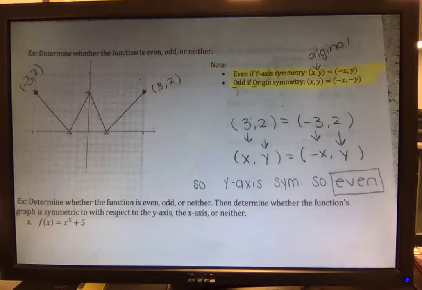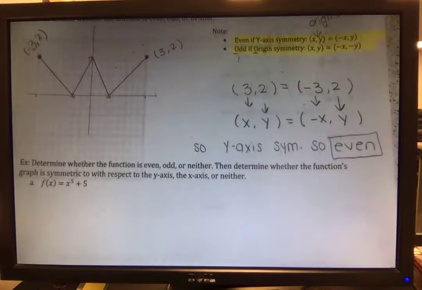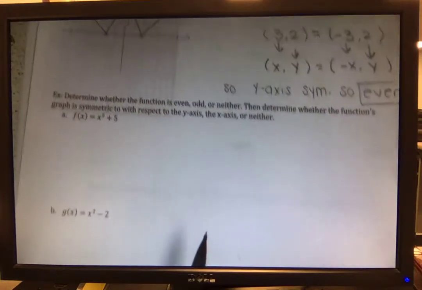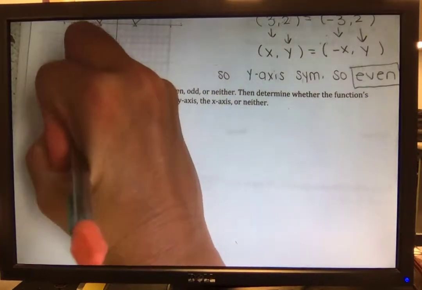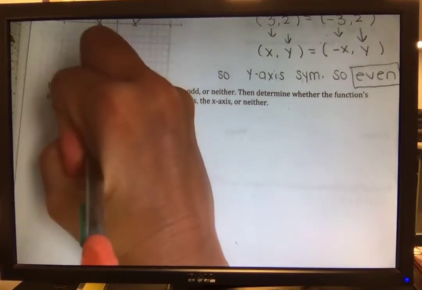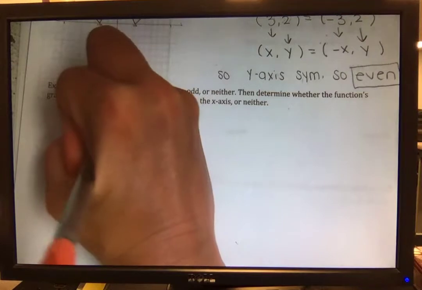So the next example asks us to determine whether the function's even, odd, or neither. But now we're going to do it algebraically, then determine whether the function's graph is symmetric with respect to the y-axis, the x-axis, or neither. So example A says f of x equals x to the 5th plus 5. So f of x is our y value, so y equals x to the 5th plus 5.